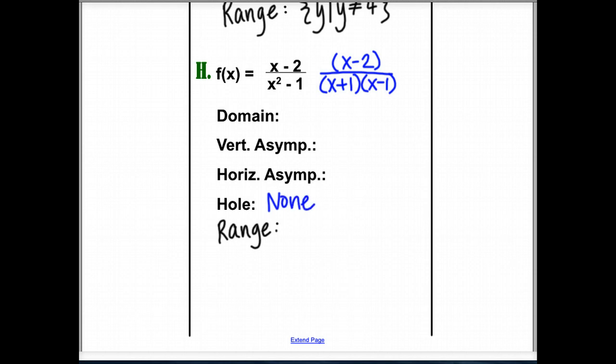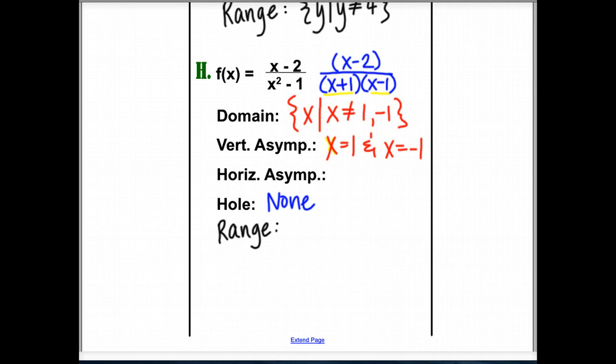I see that we have values for which x cannot equal at -1 and 1, so I have vertical asymptotes at x equals 1 and x equals -1. Therefore, my domain states that all x values except where x is equal to 1 or -1.